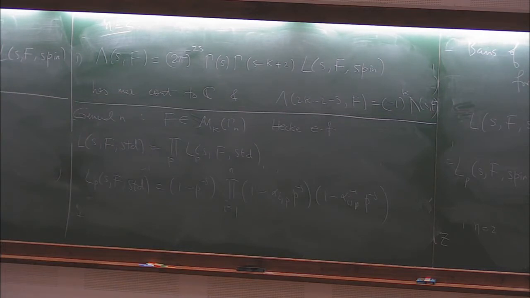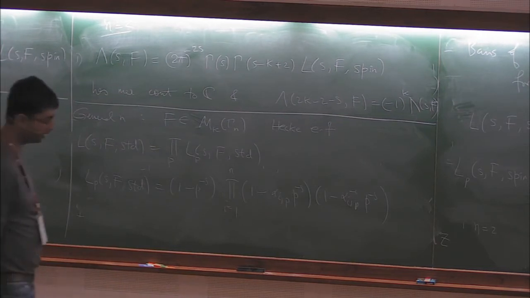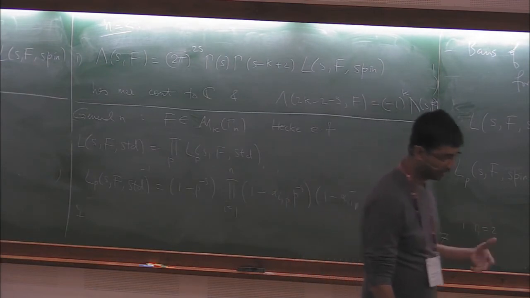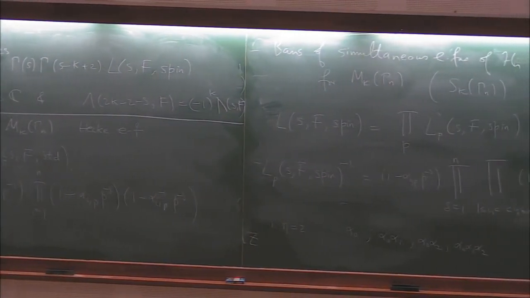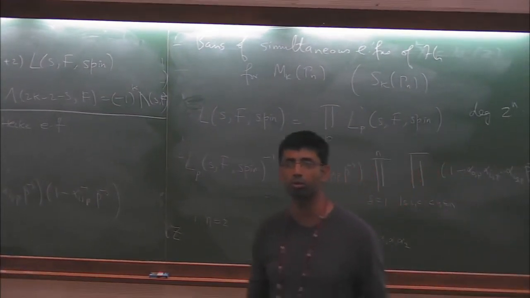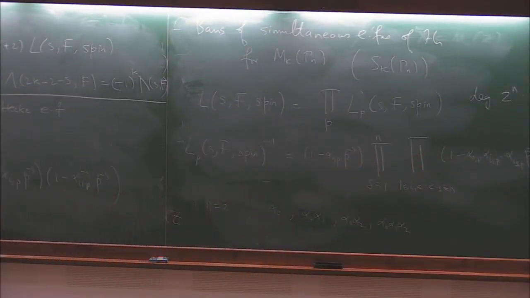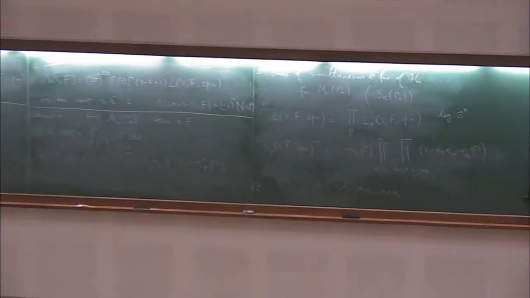So this is my standard L function, and the analytic properties for the standard L function for general genus is known due to Böcherer since 1985. So that's already known.